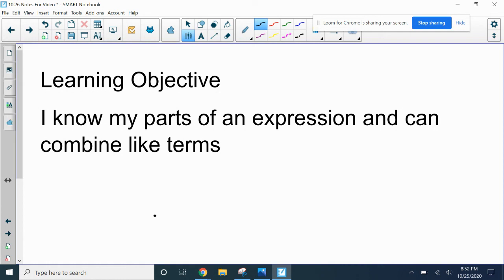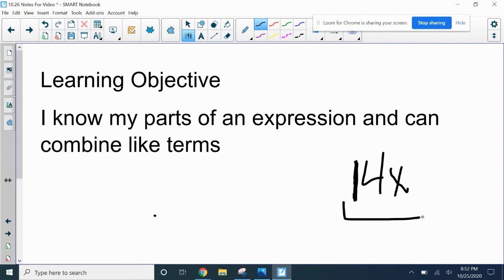So, for example, 14x, the variable with the coefficient attached is your variable term, and they are separated by pluses and minuses. I think I said it once. It wasn't directly said in the notes, but we do know those terms are separated by pluses and minuses.